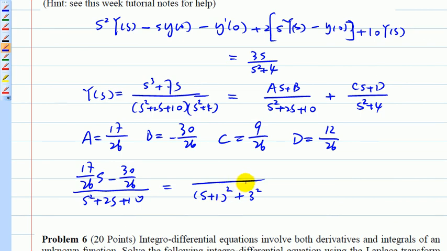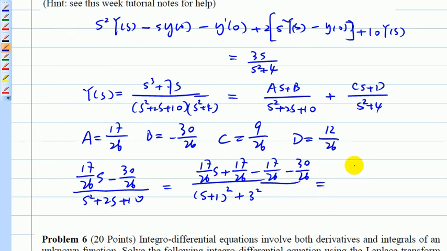So what I can do is 17 over 26 s plus 17 over 26, so that I can take the 17 over 26 and make it s plus 1. But then I have to subtract 17 over 26 and minus 30 over 26. Right, that's what you're going to get.